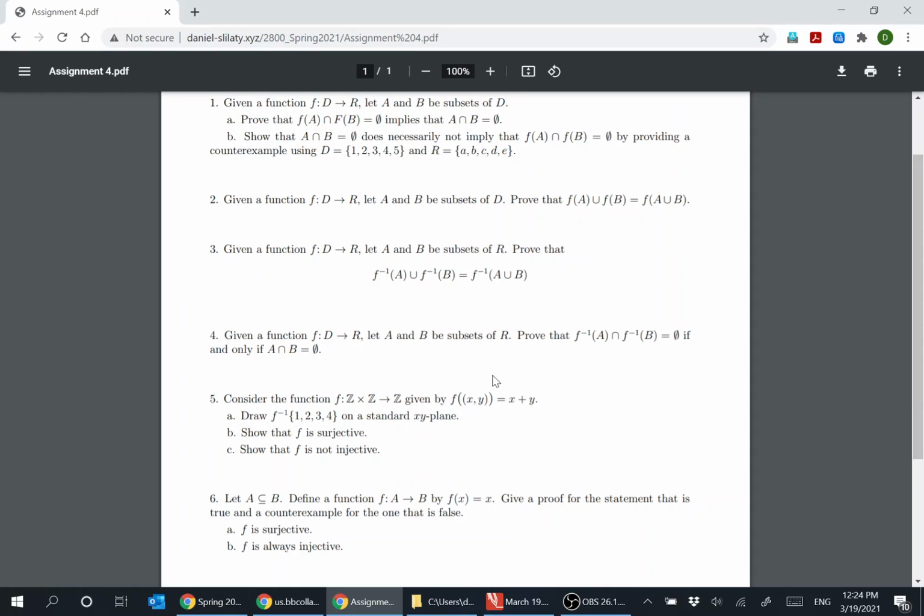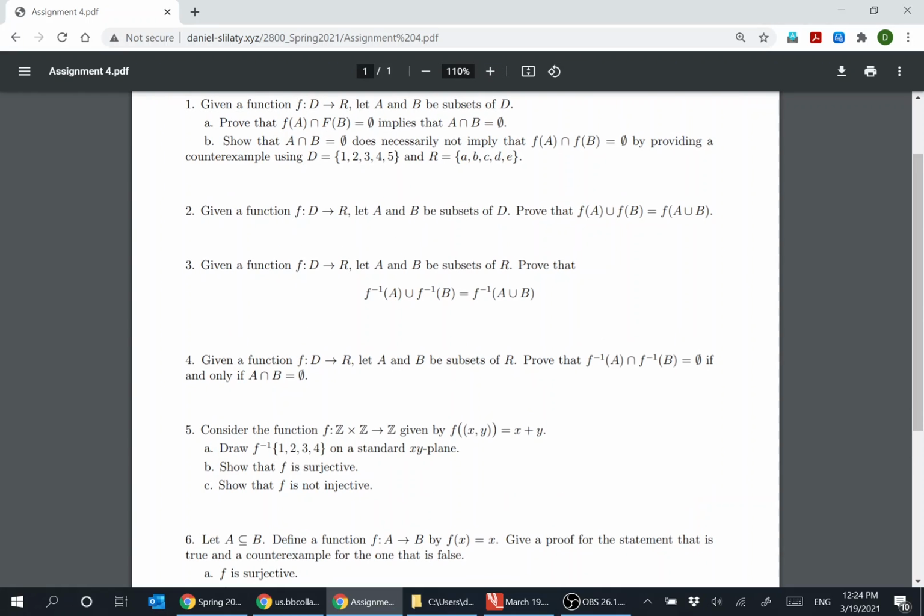Five A. Yeah. How would you like us to set that up? 5A. Just a picture of what the inverse image. I guess there should be a set of parentheses around this. We'll redo that. Yeah, it should be pre-image, left parentheses, and then 1, 2, 3, 4 right parentheses. And although you can write it like that, what I wrote there, that would be okay.